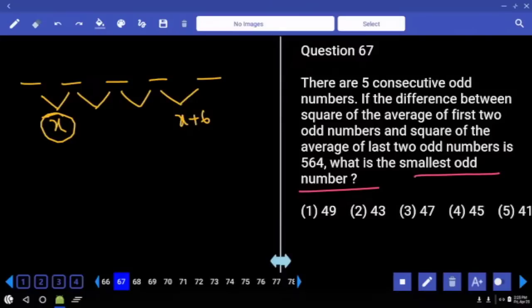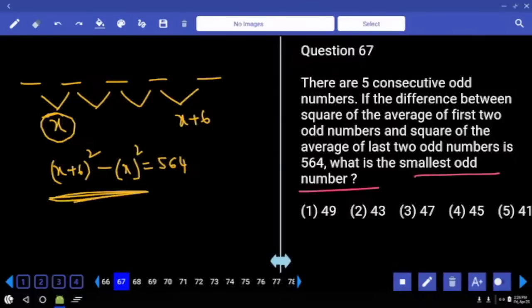According to the condition, the difference between the squares of those middle numbers is equal to 564, correct? Is the left hand side in the form a square minus b square? That is a plus b into a minus b. What is a plus b? a plus b is 2x plus 6, a minus b is 6.